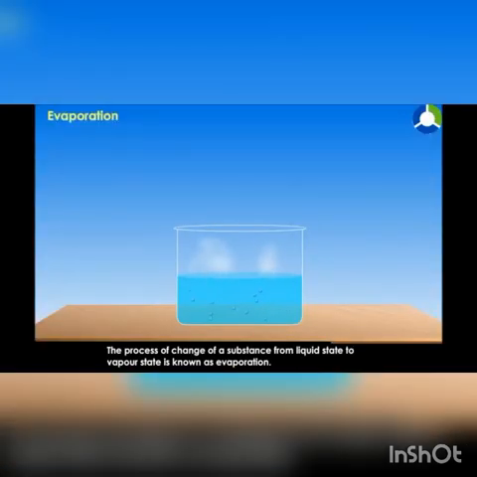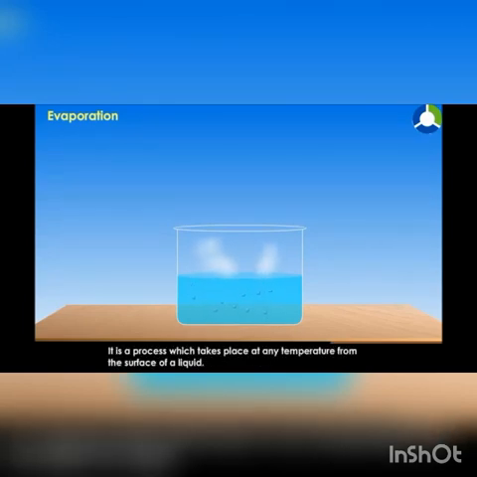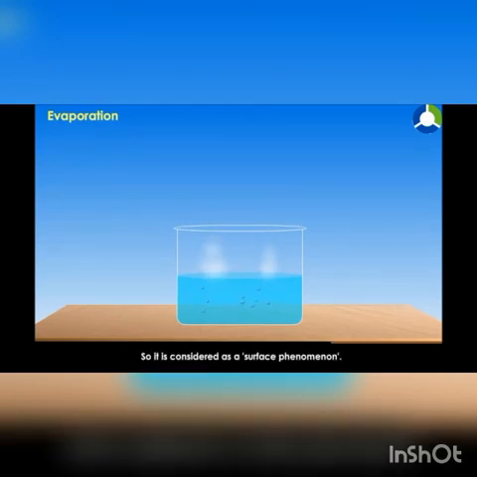Evaporation. The process of change of a substance from liquid state to vapor state is known as evaporation. It is a process which takes place at any temperature from the surface of a liquid. So, it is considered a surface phenomenon.